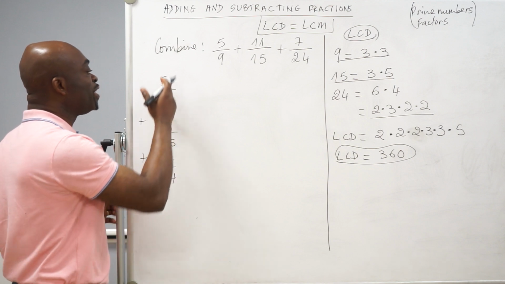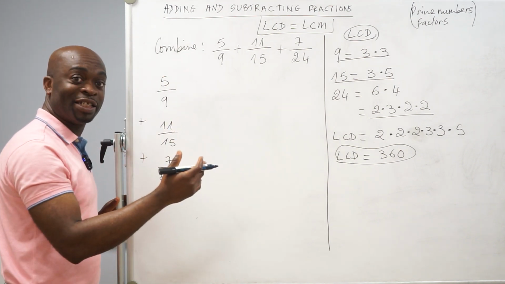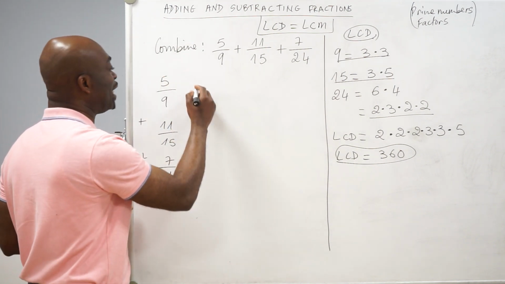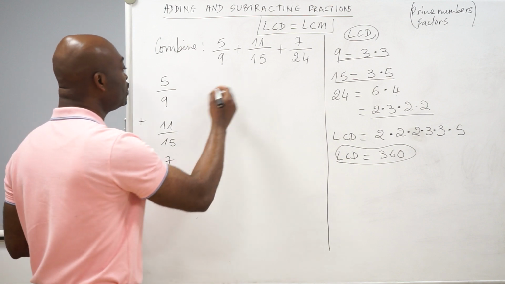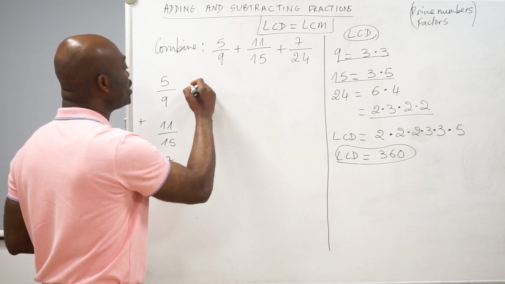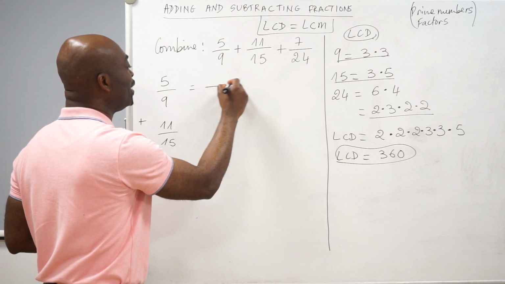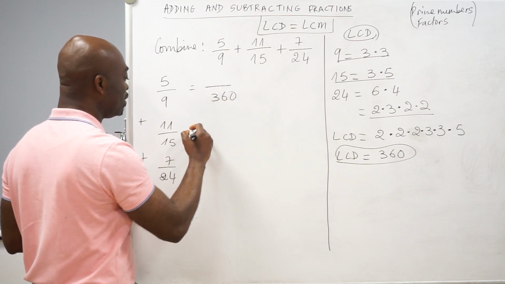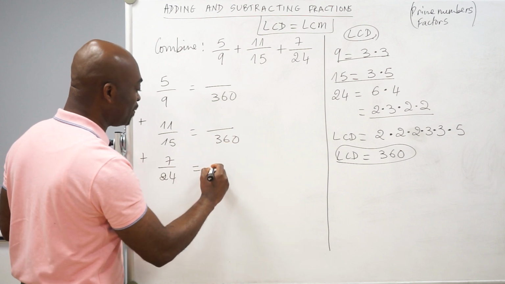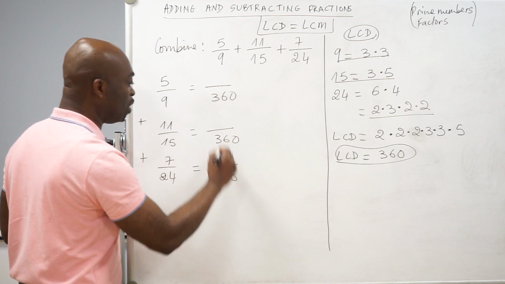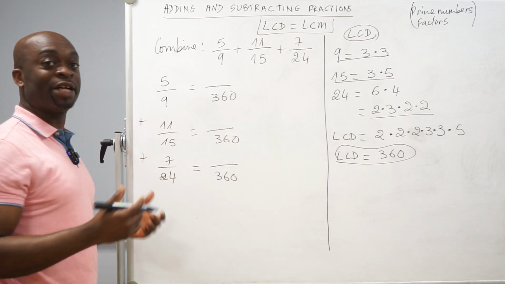So this one, 5 and 9, we have the lowest common denominator, which is 360. So this one is equal to 360 here, 360 here, 360 here, all across. Correct?